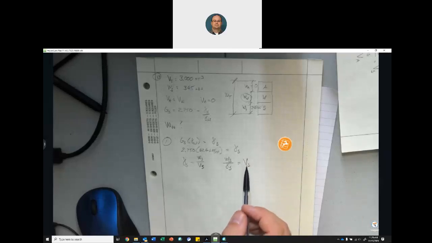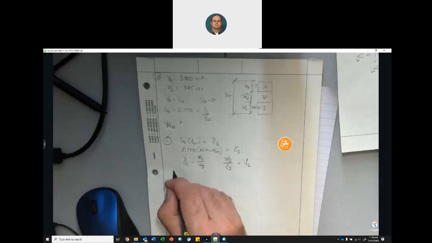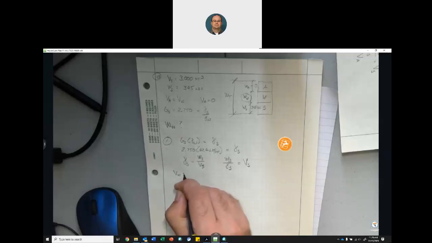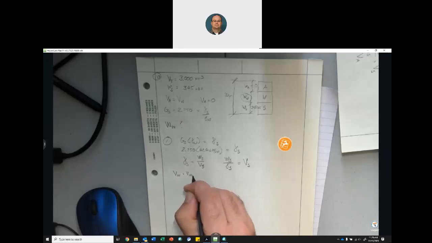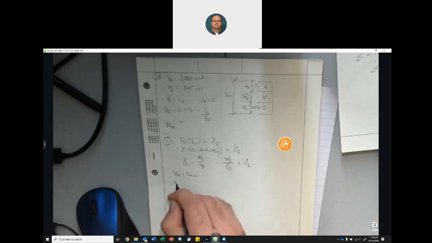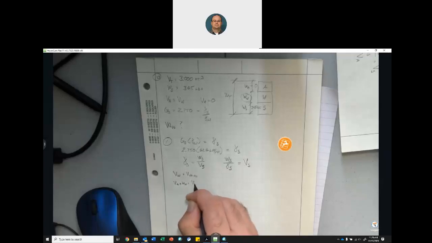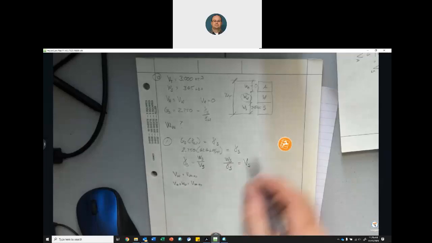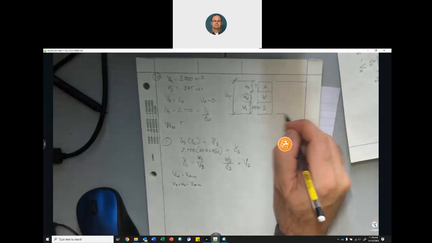Now knowing my volume of solids, I know my volume of water, which equals volume of voids, right? Because volume of air plus volume of water equals volume of voids. Okay? Let's go to the phase diagram.